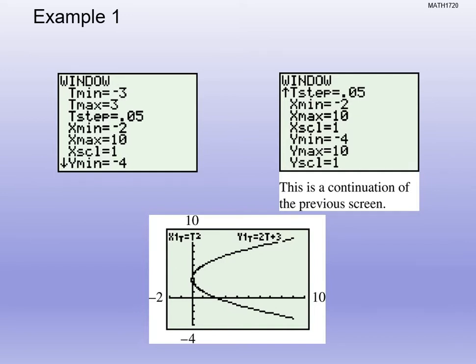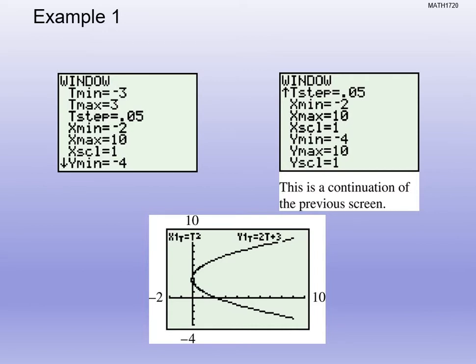Okay, so what you need to do is, on the screen here, there are predefined windows that you can change your graph to. So if you hit window, you type in your t minimum is -3, your t maximum is 3, put what your t step is in, so 0.05. Then you're going to put your x min in to be -2, your x max will be 10.